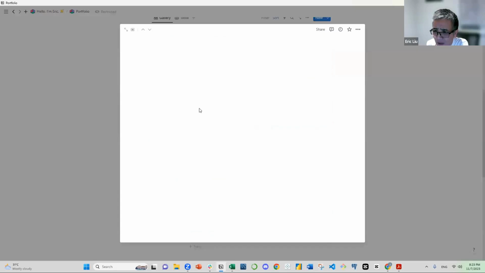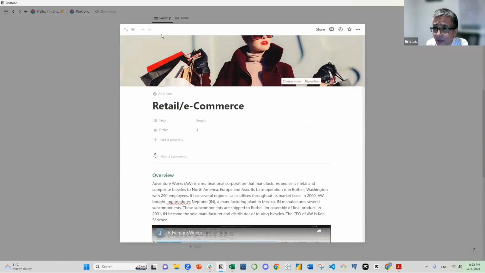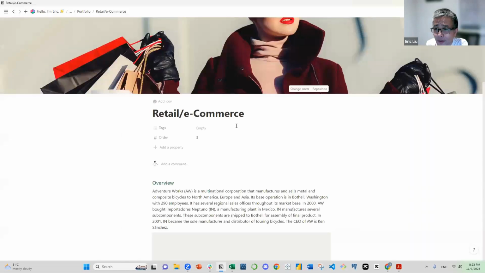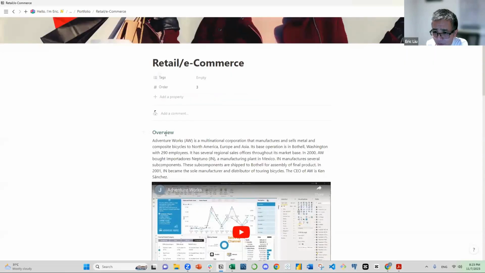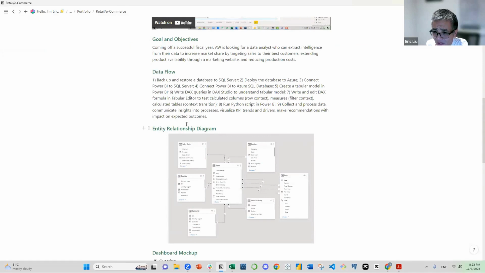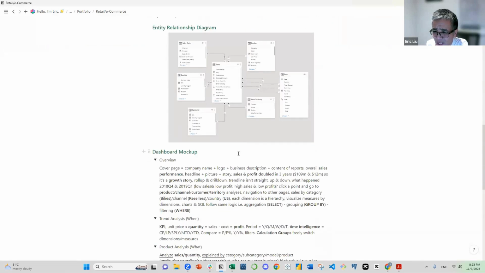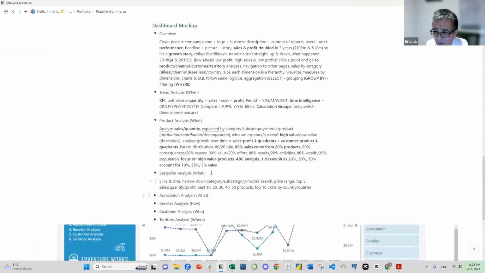So if I click on retail e-commerce, let me just maximize this full page. You can see I break it down to overview, and then goals and objectives, data flow, and this is the schema and the entity relationship diagram, and this is how you show your data model. And then I have dashboard mockup, and I can open all these.